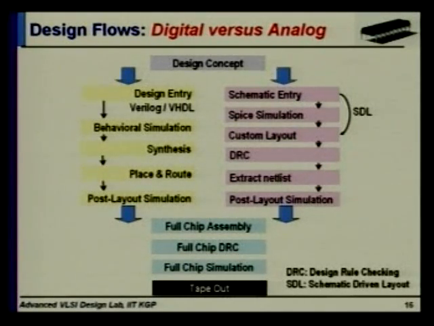This is a slightly different way of doing things as opposed to the digital design. But the circuits that we are talking about here are not as large as this, because analog circuits are very specialized circuits, difficult to design but not large. They contain only a handful of transistors, 40-50 transistors maybe.